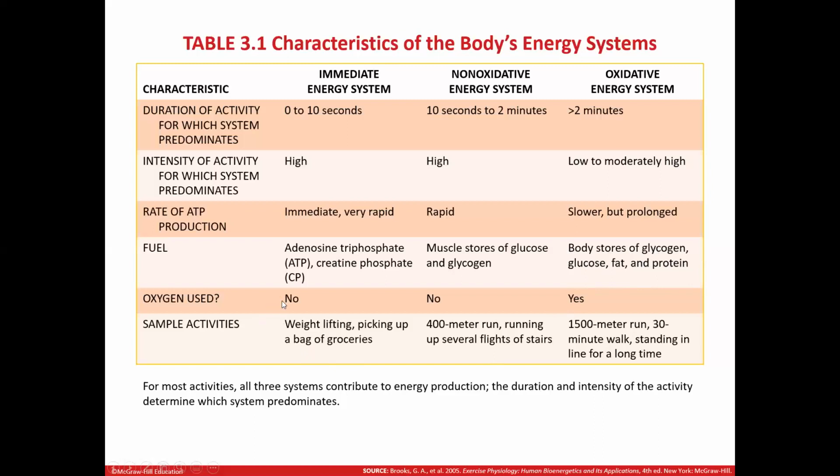And oxygen is not used in the first two, but it is used for the oxidative one. Simple activities for the immediate are weightlifting or picking up a bag of groceries. For anaerobic is a sprint, and for this one is a walk or an activity that lasts longer than 30 minutes.